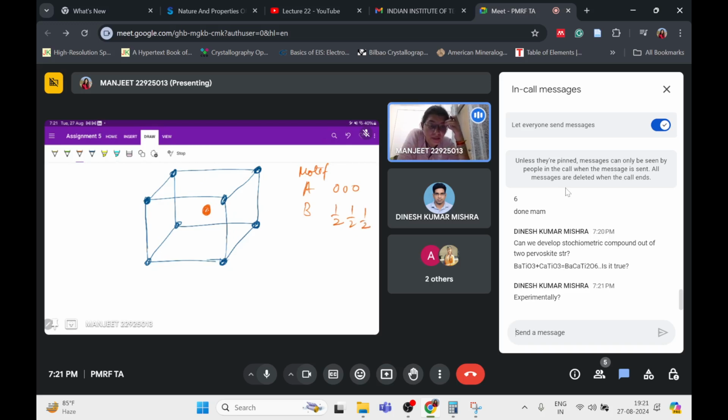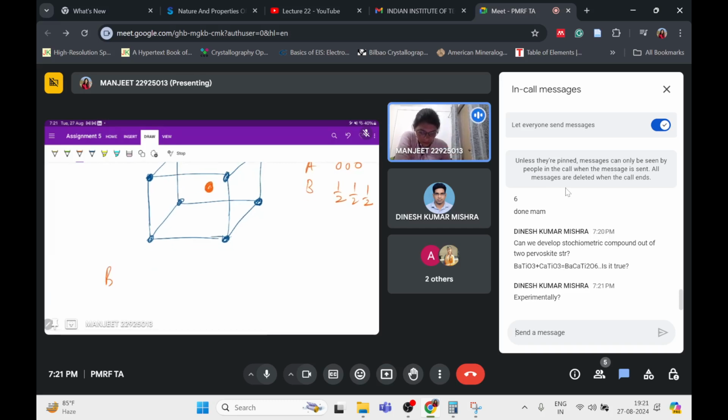Experimentally, okay, you want to say if you have barium titanate BaTiO3 plus calcium titanate CaTiO3, this is giving CaTi2O6. Is it true?